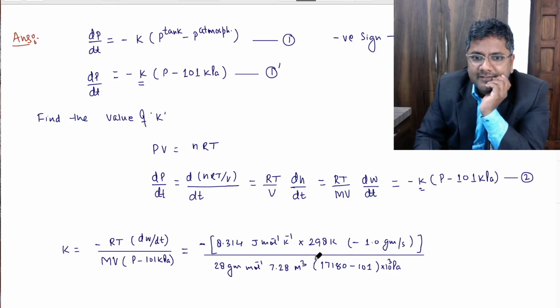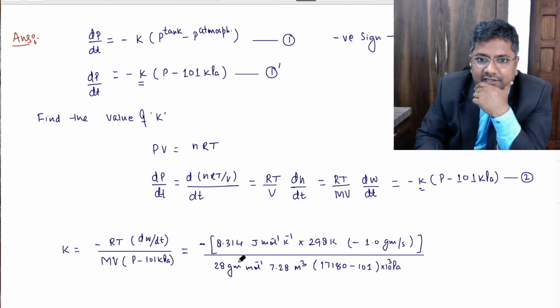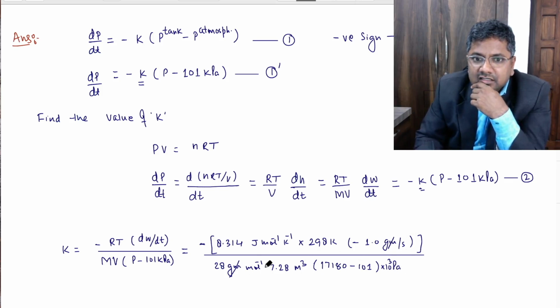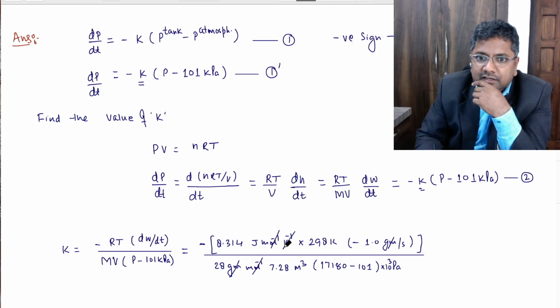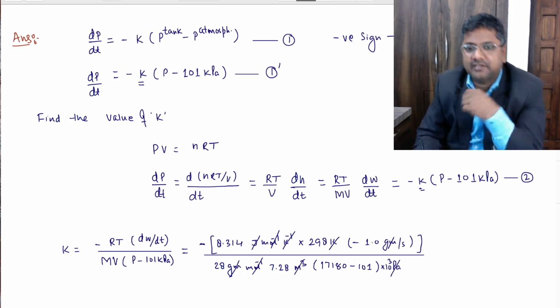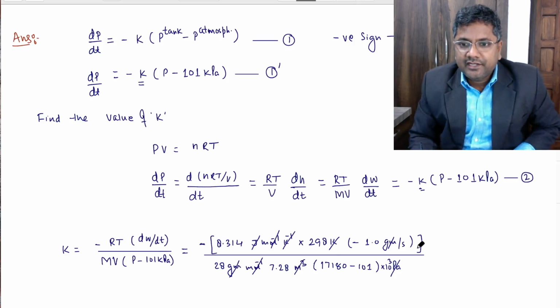Everything will cancel out here. Gram cancels, meter cube times pascal, so Newton meter square; per mole cancels, per Kelvin cancels, this joule will be cancelled with meter cube and pascal. So we will get per second.